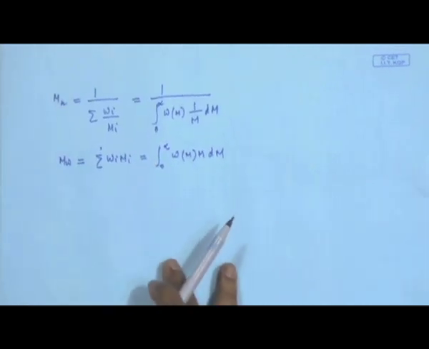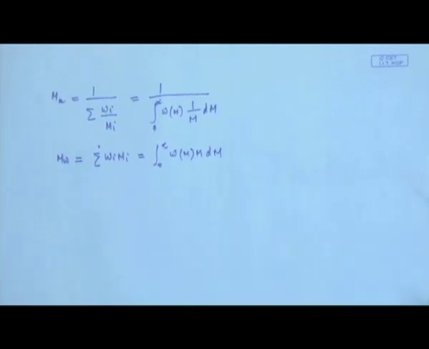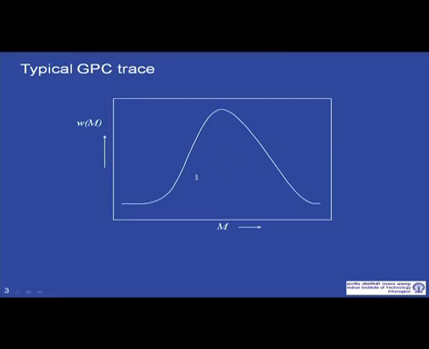This shows why we require the raw data to be transformed into this type of weight fraction molecular weight distribution, a plot of weight fraction versus molecular weight. To do that, let us first look at the principle of separation in gel permeation chromatography.